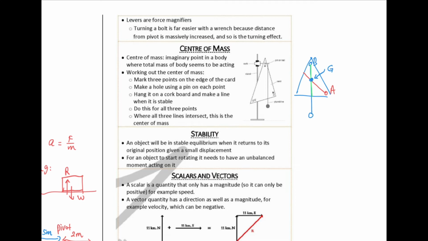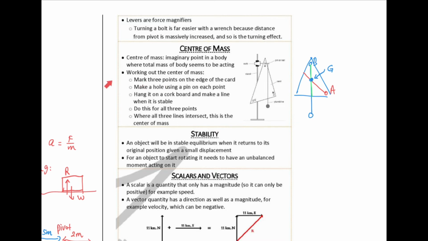So the center of mass is a point where the total mass of the body seems to be acting. In other words, this is the point where the weight acts.